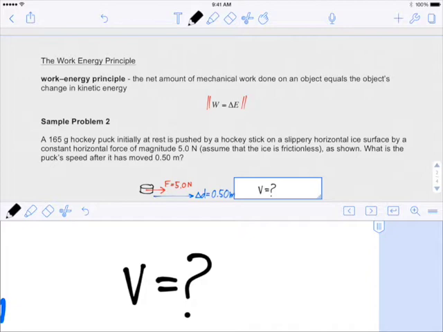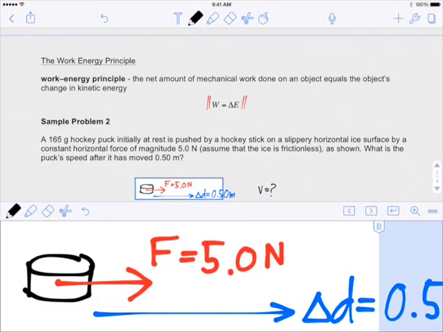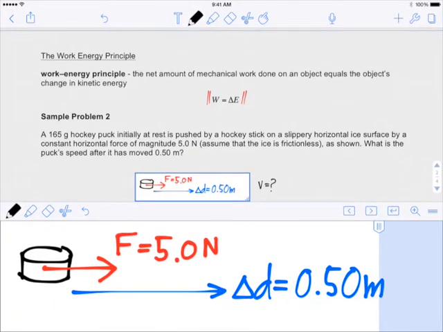You have to understand, however, that when you apply a force over a distance, you're changing the object's energy. In this case, the work done by applying a force of 5 newtons over a distance of 0.50 meters will give the puck speed and therefore kinetic energy. So the work done is equal to the kinetic energy that you've given this puck.